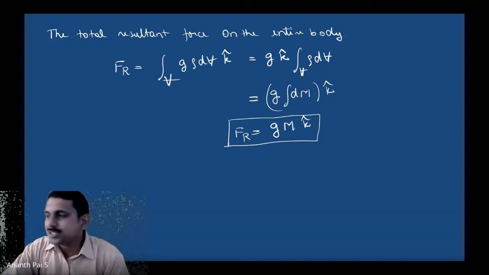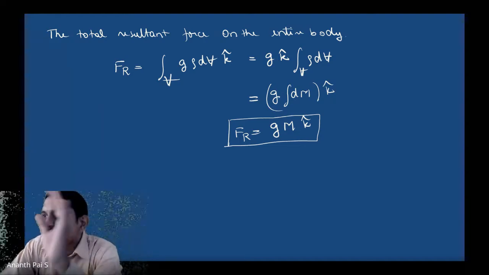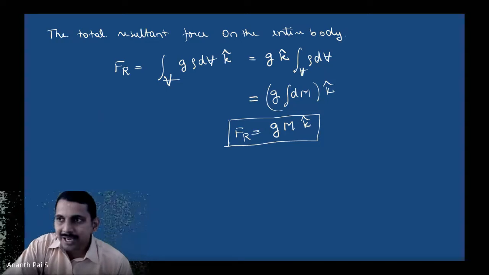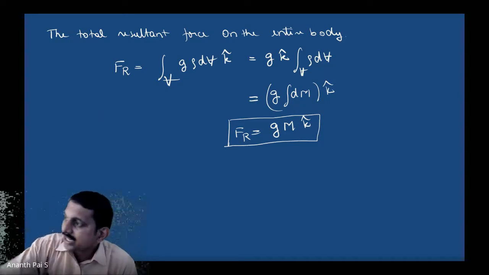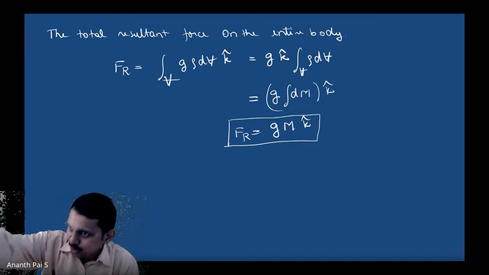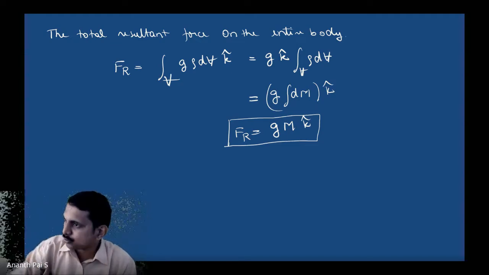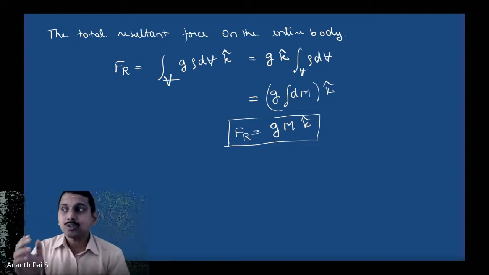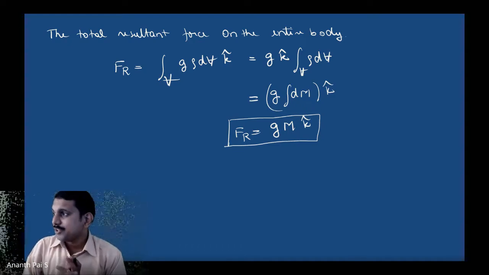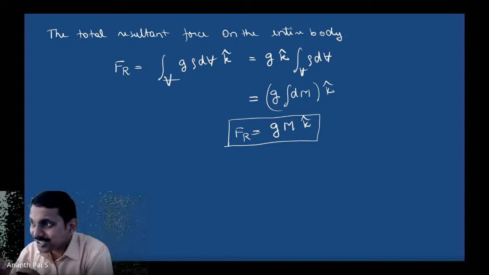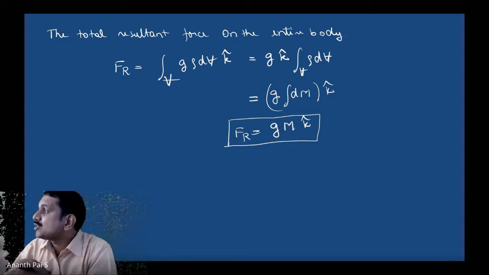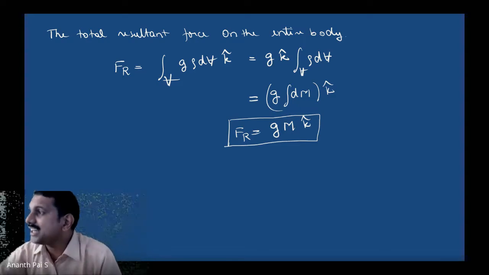Now the question is, where does this resultant force act? We have seen in the simplest resultant that we can find out the total force, the resultant force. But finding out the total force is not enough. We have to place this force in such a way that it does not cause any moment. Then it is the simplest resultant.